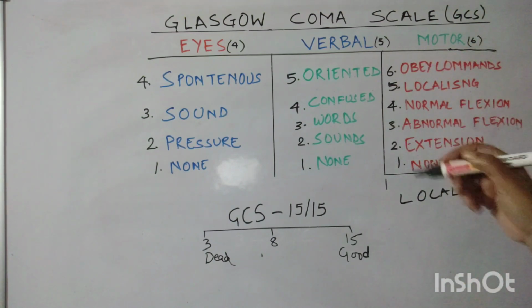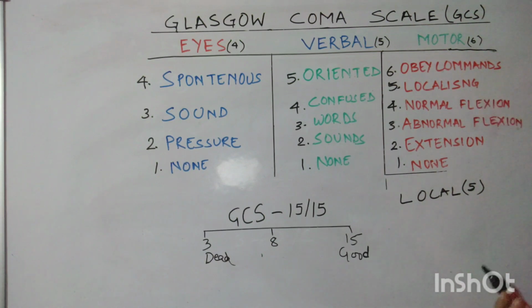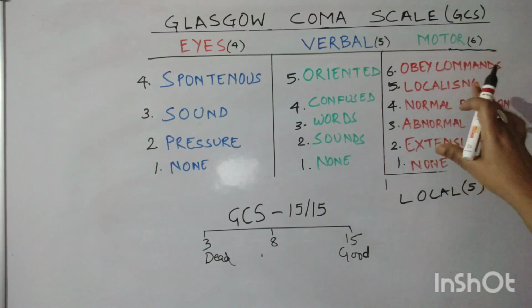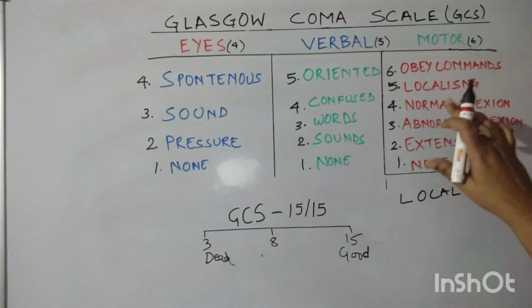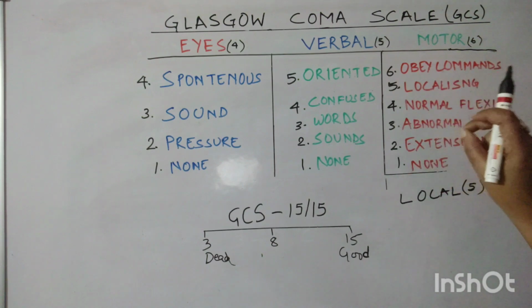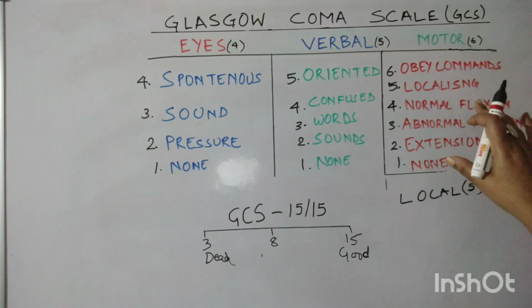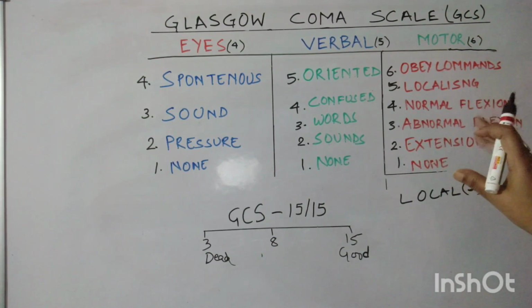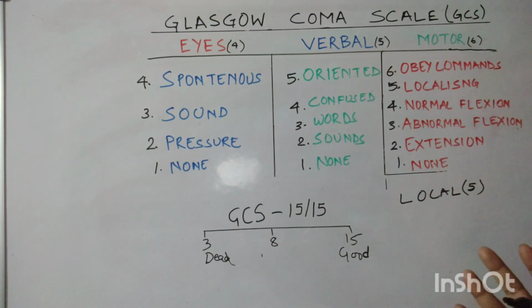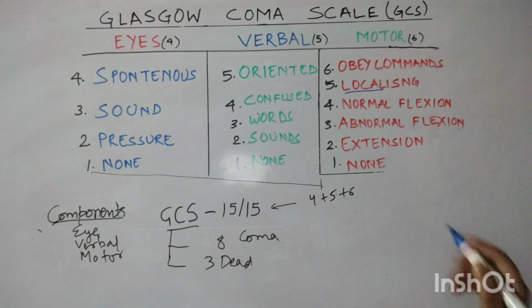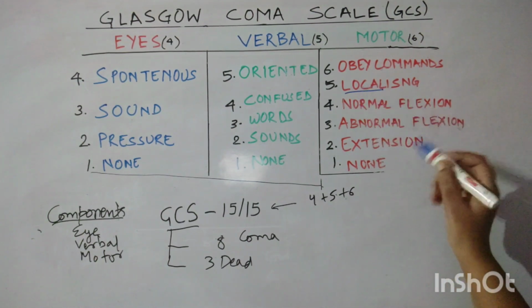In motor we ask the patient to lift any limb, upper limb or lower limb, up and down. If he obeys the command, we give him score 6. He is listening and doing the command, but not in fast movement, just locally; so the 5th one is local.